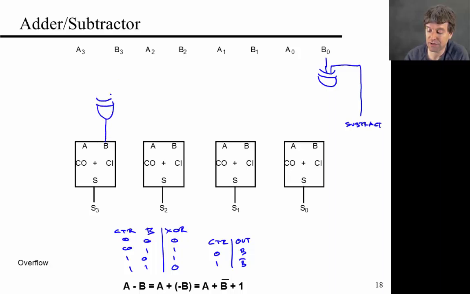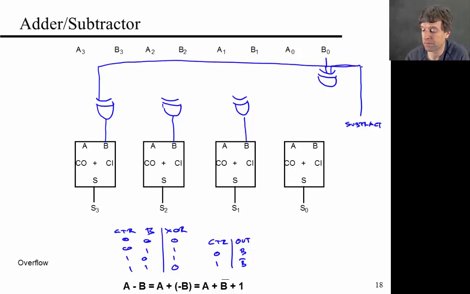So what I have here is a bunch of XOR gates. For all of these XOR gates, one input is the control input, and the other input is b.